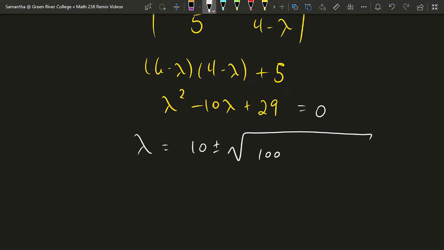Negative b plus minus the square root of b squared minus 4ac, all over 2a.